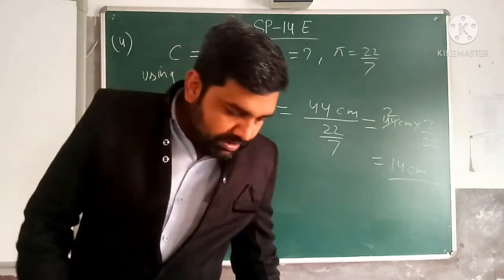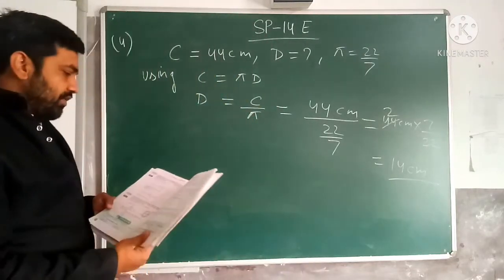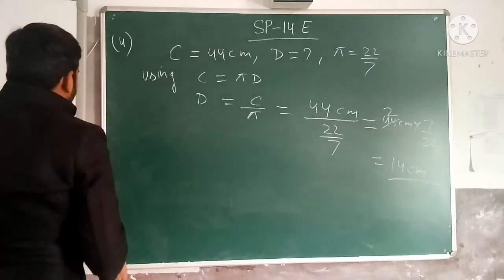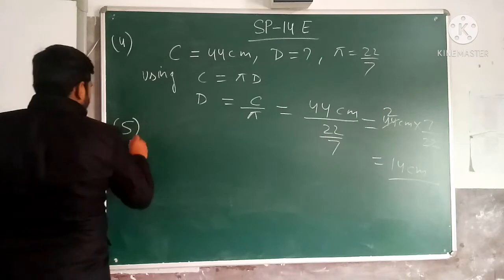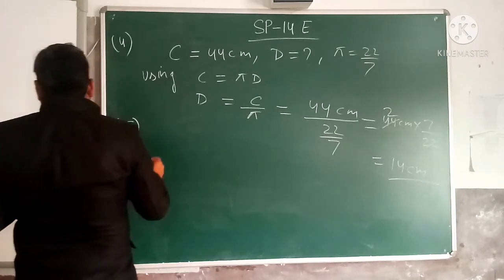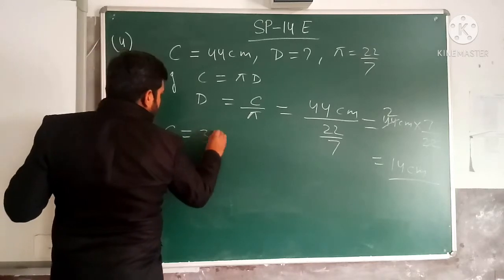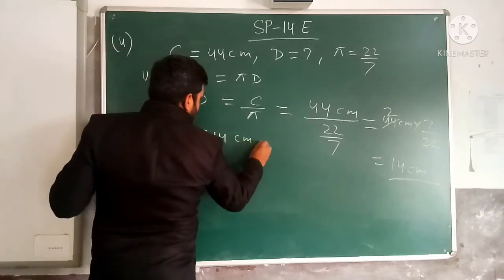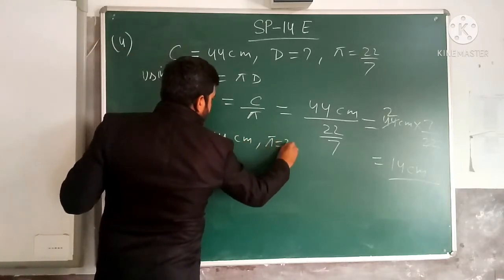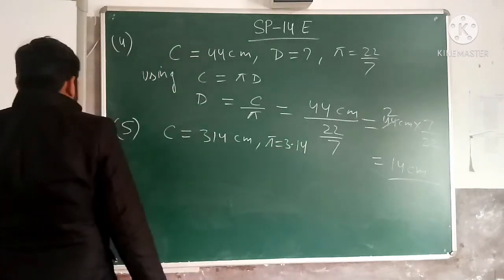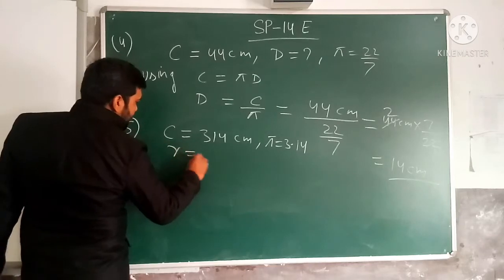Now we move to question number 5. In this we have to find the radius of the circle and the circumference is given. So in question number 5, the circumference is given as 314 centimeter and the value of pi to be used is 3.14, and we have to find the radius.